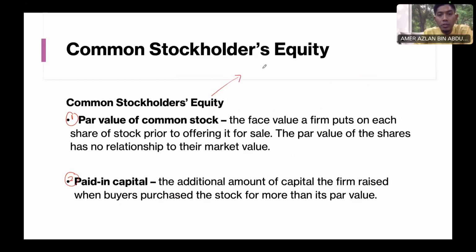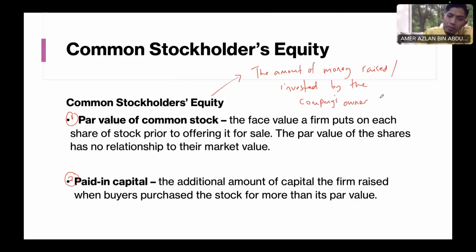Common stockholders' equity is the amount of money raised or invested by the company's owners, the common stockholders. And this can be categorized into two. Par value of common stock.